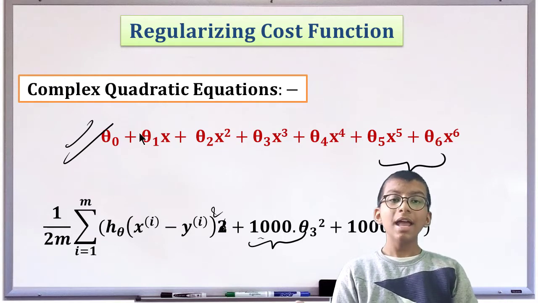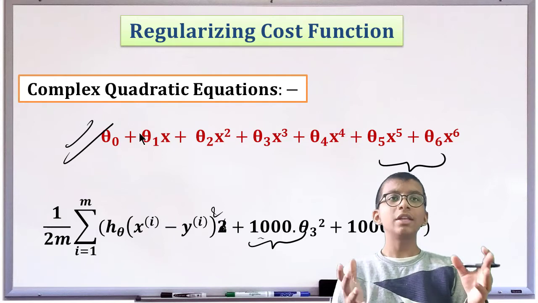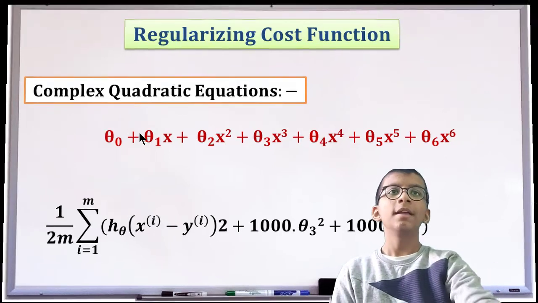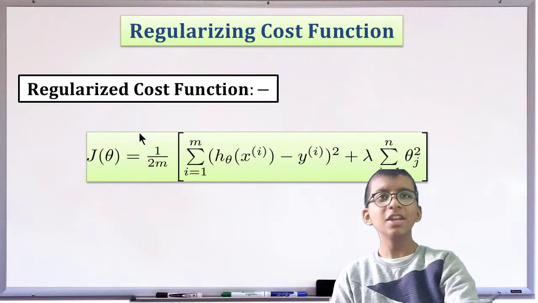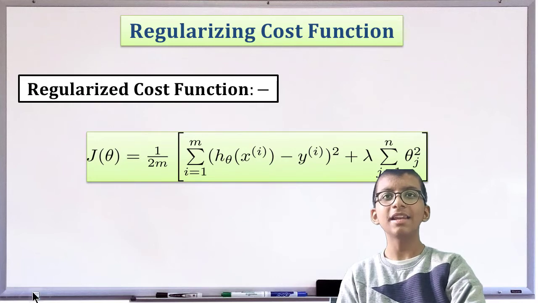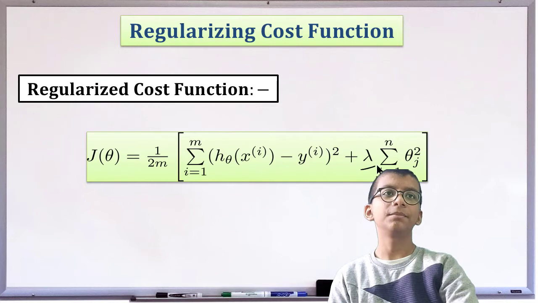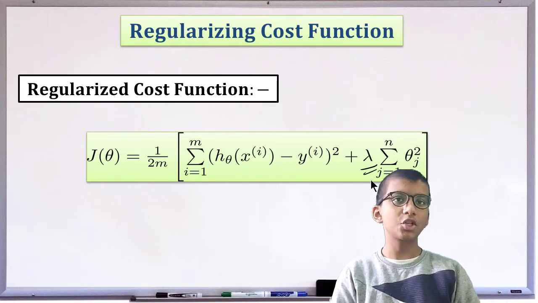Now let me give you the general equation, with a single summation you can regularize all your parameters. Here we have our regularized cost function, and you might see that I have added a hyperparameter here, that is lambda. I will get back to lambda in a second.